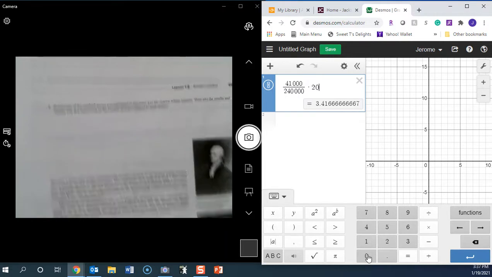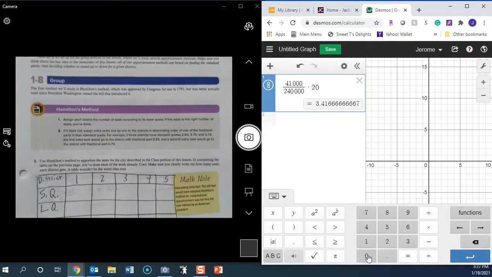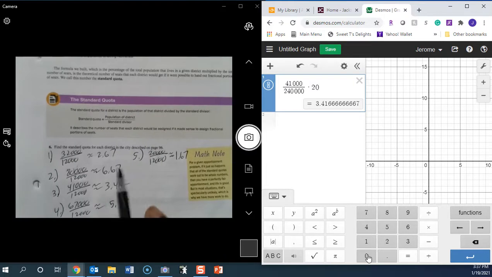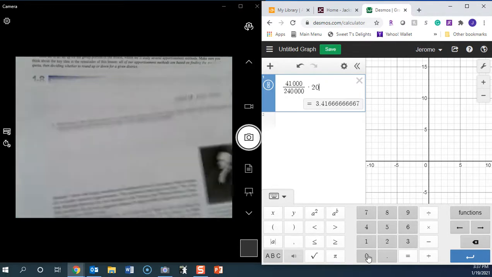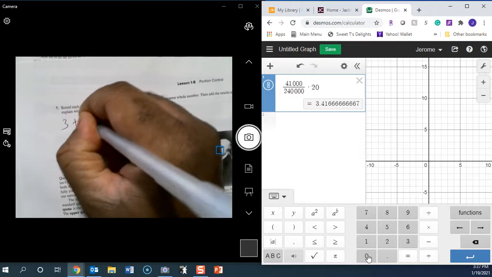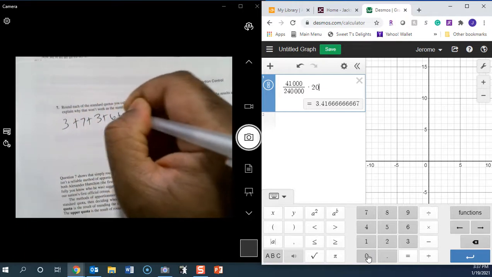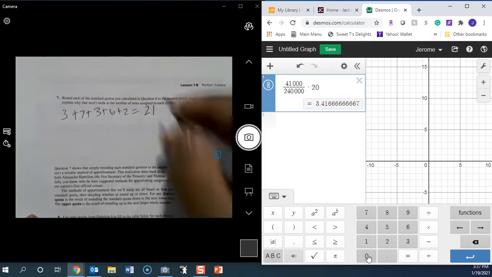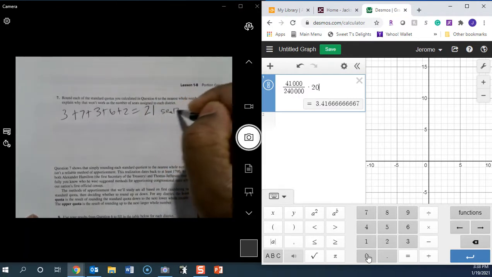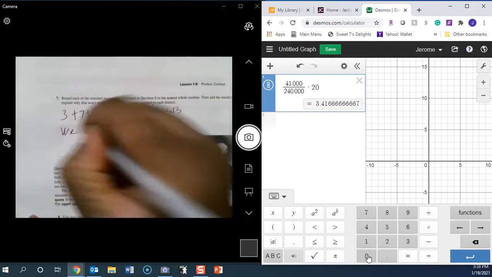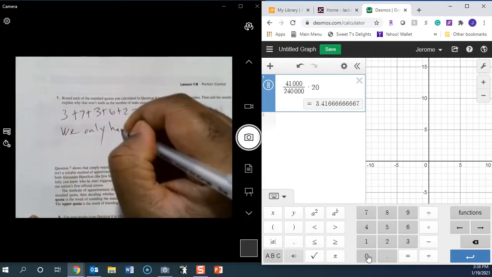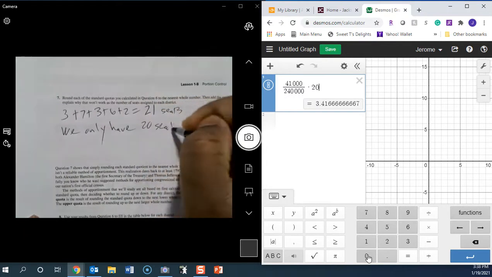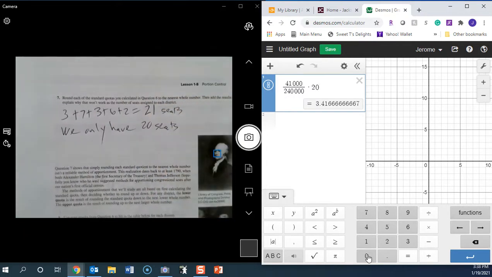Okay, so if we round all of these, if you look back here, 1 will be 3, this will be 7, 3, 6, and 2. So it'll be 3 plus 7 plus 3 plus 6 plus 2. And when you add all of those up, it will give you 21 seats. Now remember, we only have 20 seats that we could give. That's why this does not work.